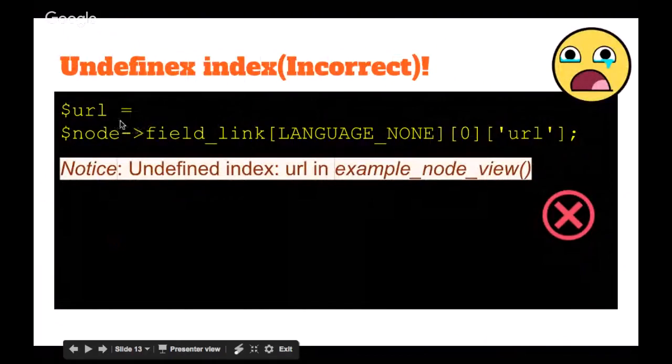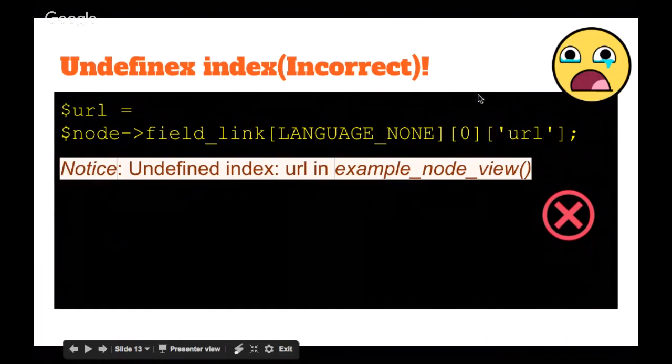Here, I'm trying to assign to the variable url the following node attribute: field_link, a constant, and here's the index 0. And basically, we have the index url right here, and PHP complains that there is an undefined index url.